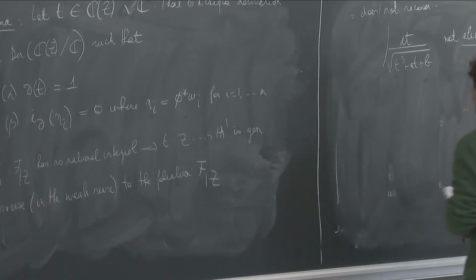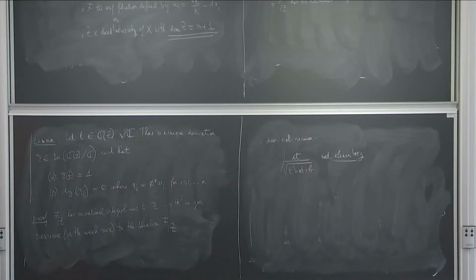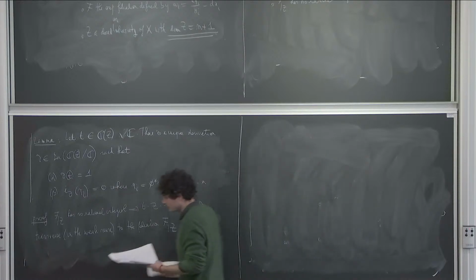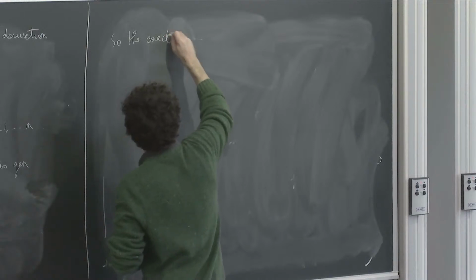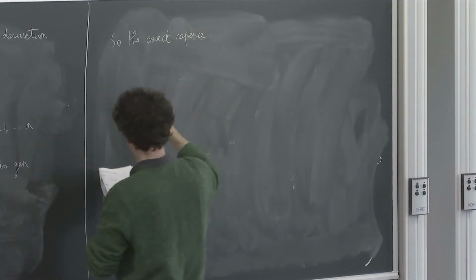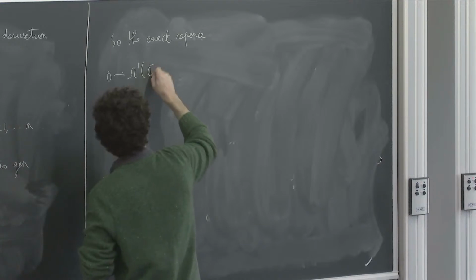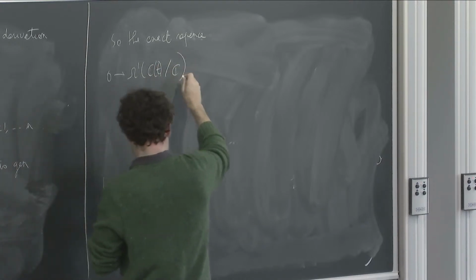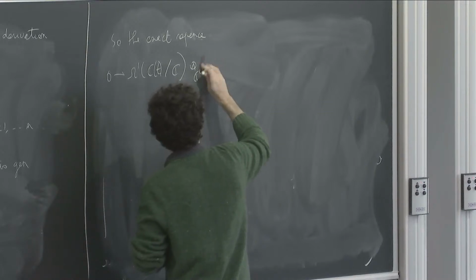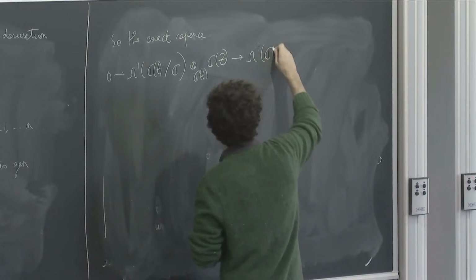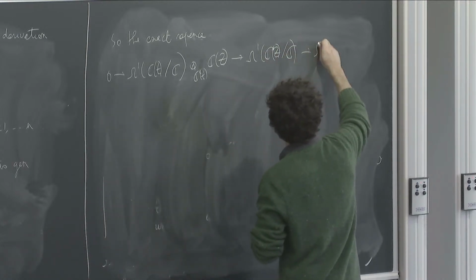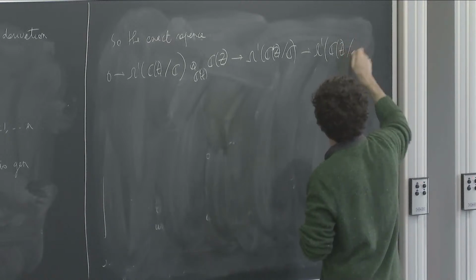Okay. So we get an exact sequence. I'm going to write it like that: 0, omega 1 of C of t divided by C tensor C of t, C of Z, omega 1 of C of Z over C, omega 1 of C of Z over C of t.